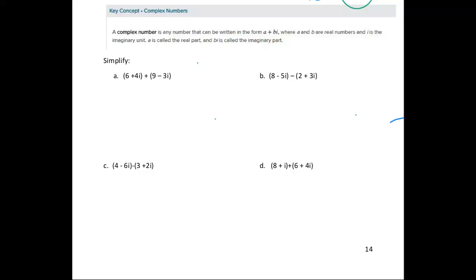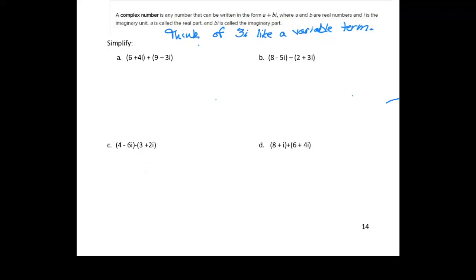I want you to think of 3i like a variable term. It's just like saying 3x. So you put your x's together. In this case, you would put your i's together, and you're going to put your real numbers together, all right?